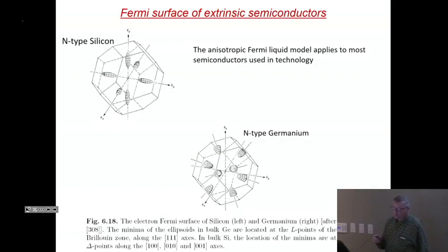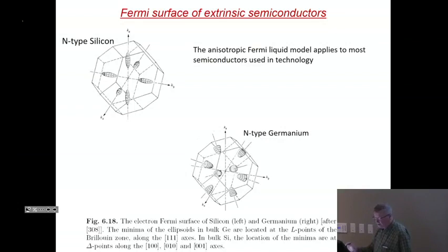Okay, so the Fermi surfaces of these classic semiconductors, if they're doped now, n-type doped silicon, have Fermi surfaces just like metals, and they are little ellipsoids that, in the case of silicon, are along the 100 axis.